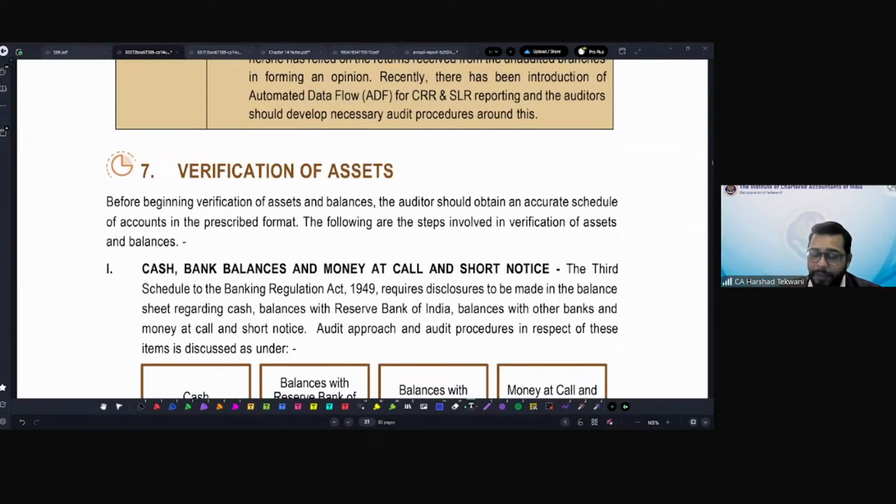Sir, yes. Here you have told the method for calculating CRR and SLR. As I remember, in IPCC there is one chapter related to banking and accounting.